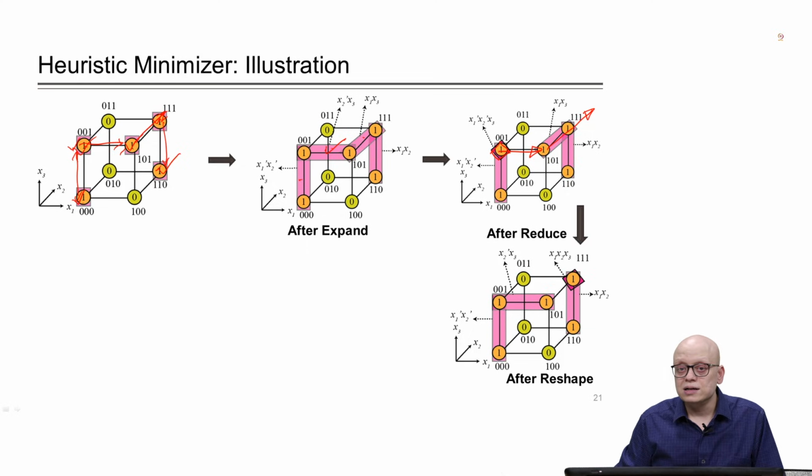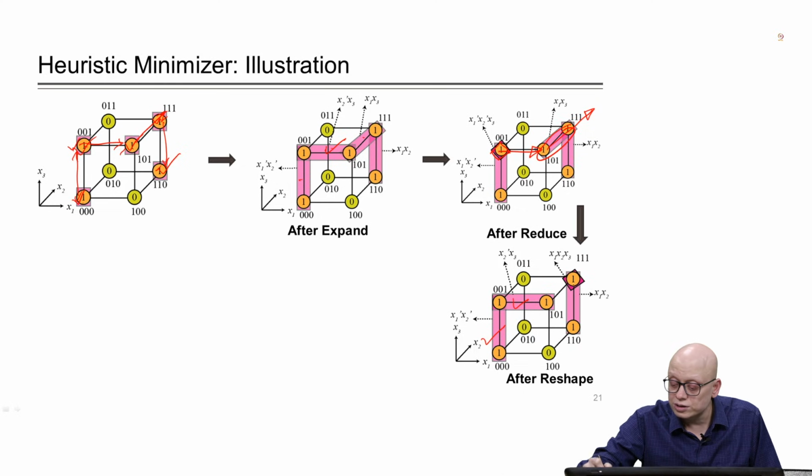So, after reshape the number of cubes or implicants in the cover is not changing, it is still 4. So, we have one implicant, another, and this one got reduced to an implicant which covers only one minterm, and we have the fourth implicant, right.